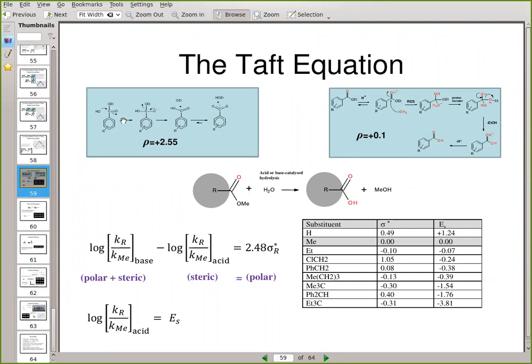The moment you have an ortho substituted aromatic system, if you've got an ortho group here, then of course in this tetrahedral intermediate, it clashes with this O- that's formed in the tetrahedral intermediate. So what Taft was interested in was moving towards those problematic cases.